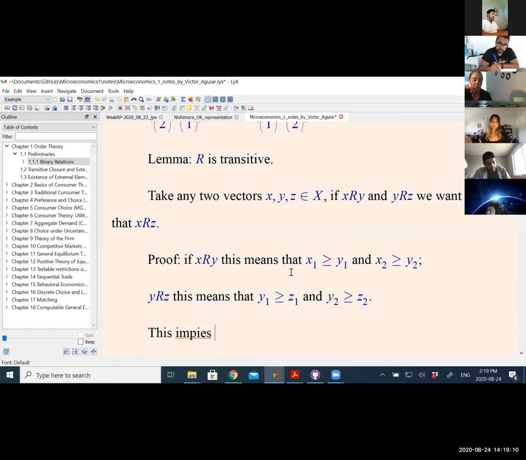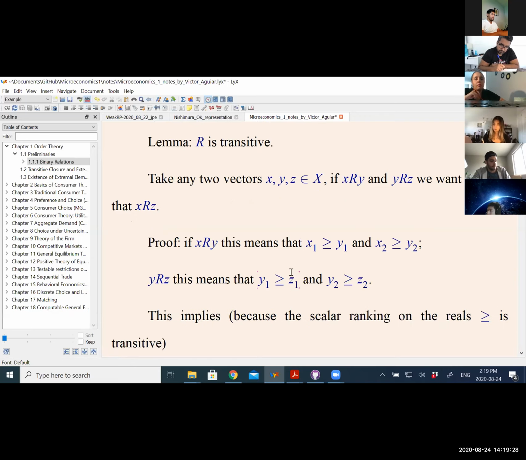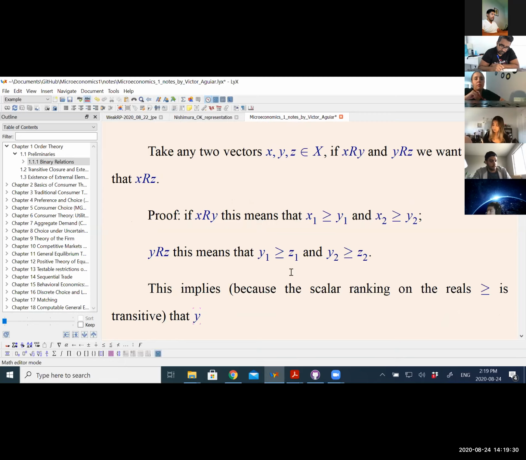This implies, because the scalar ranking on the reals is transitive, that entry by entry, x1 is greater than or equal to y1, and of course y1 is greater than or equal to z1.